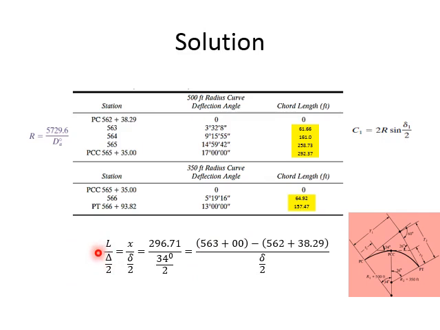The complete length will be the length of the first curve, and delta will be 34 degrees for the first curve. And again x will be the distance between 563 and PC, upon delta by 2. So delta by 2 comes out to be 3 degrees 32 minutes 8 seconds here, and you put it in the equation of chord length, you get 61.66 feet chord length.